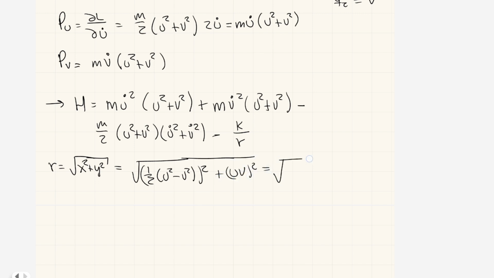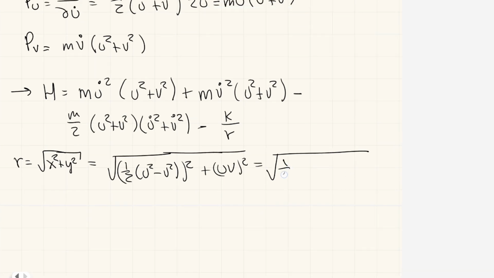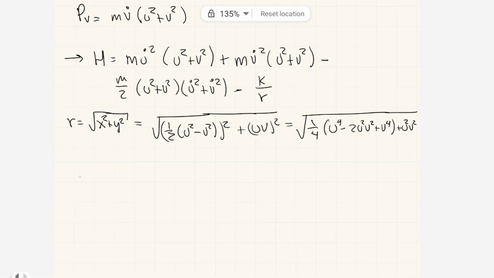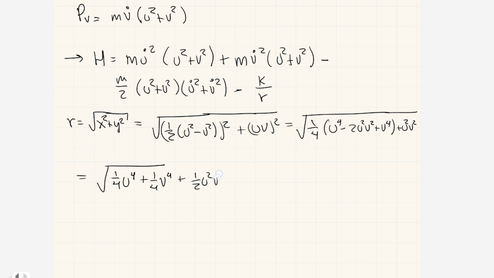So if we develop this, we are going to get 1/4 of u to the fourth minus 2u squared b squared plus b to the fourth plus u squared b squared. Okay, so we can see this as the square root of 1/4 u to the fourth plus 1/4 b to the fourth, and then plus 1/2 u squared b squared.